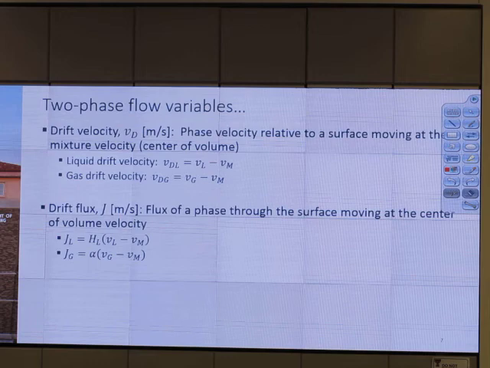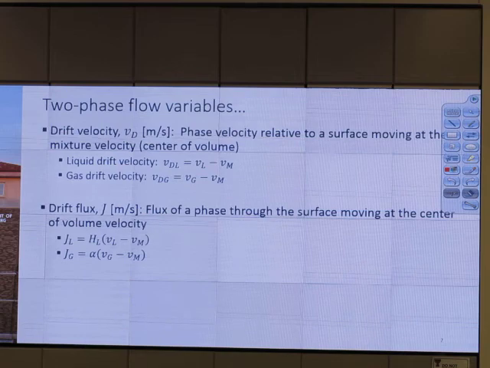So it's the relative velocity. We will go back to the drift velocity when we talk more about slug flow.